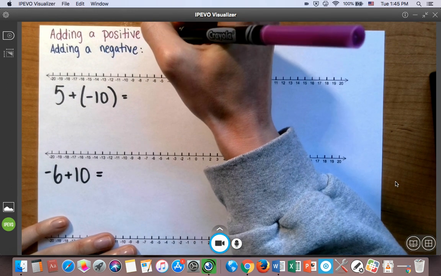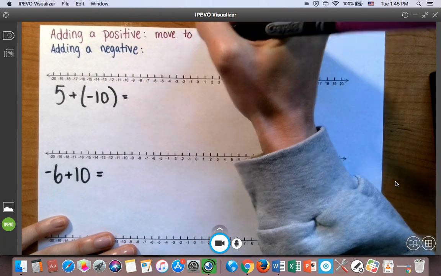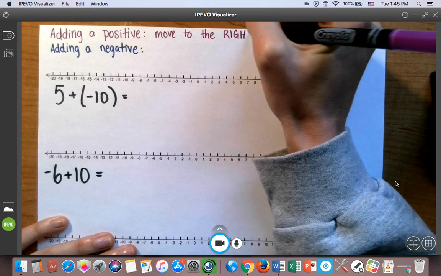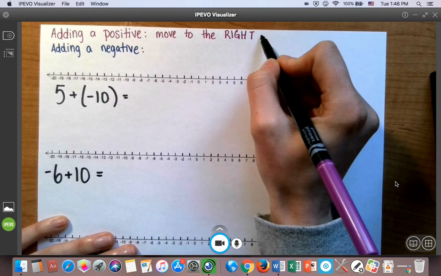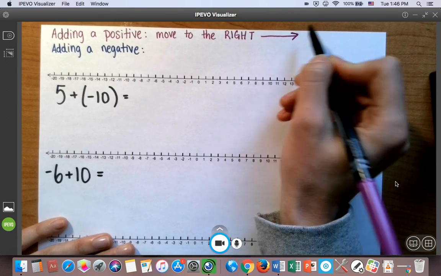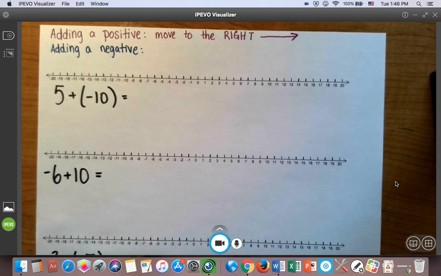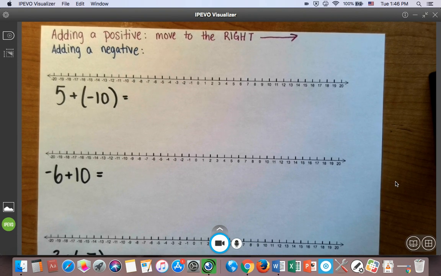So, I'm going to say move to the right. My arrow is going to be going this way, and the length of it is going to be the number that I'm adding. So if I'm adding a positive 1, my arrow is going to be 1 space long.